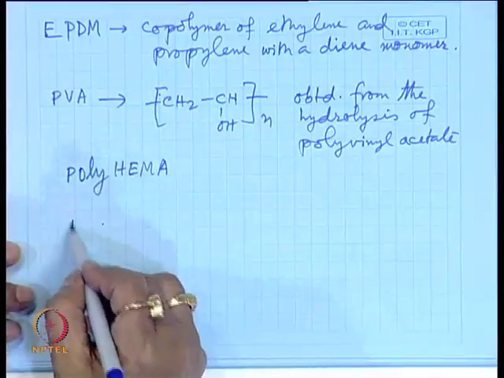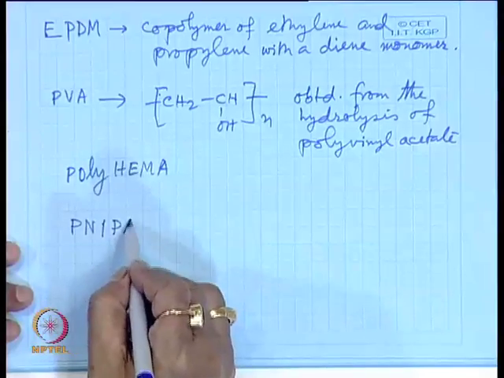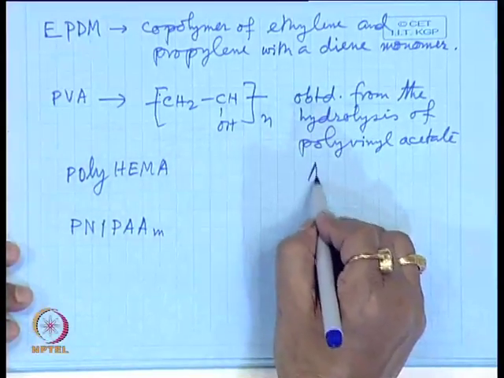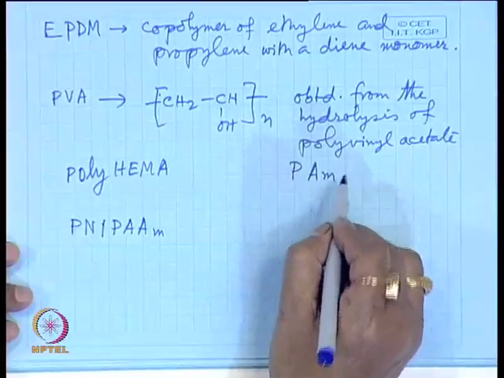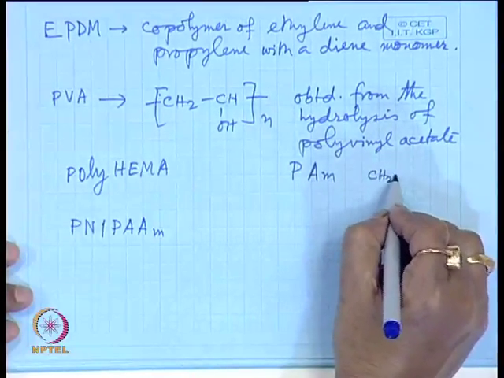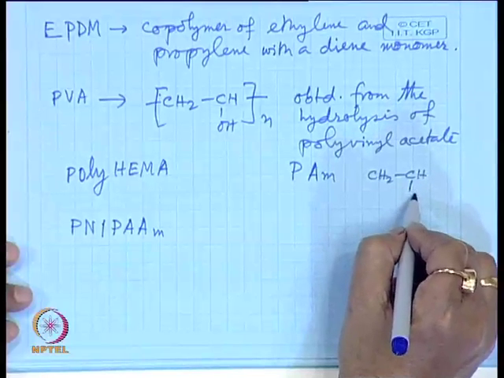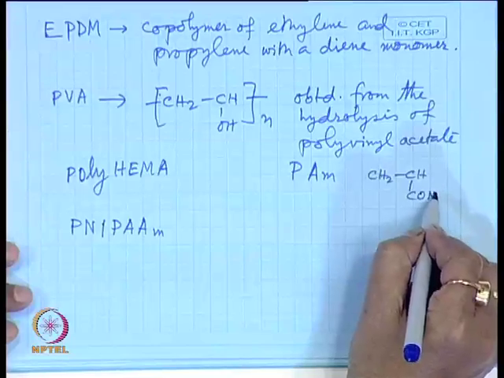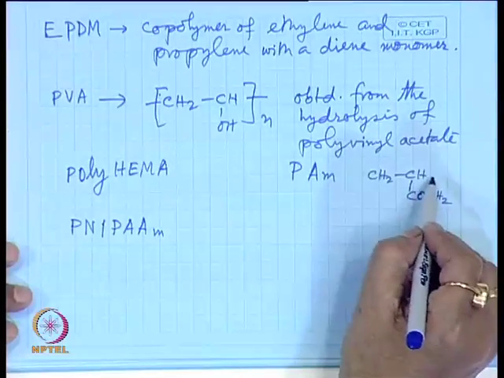Poly N-isopropyl acrylamide, it is a modern polymer, known as a stimuli responsive polymer, known as a thermoresponsive polymer. Before that, you see what is acrylamide? Polyacrylamide, PAM, acrylic acid, CONH2, polyacrylamide.